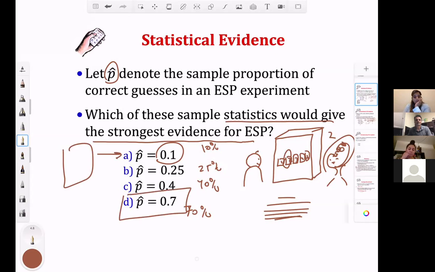Yeah, D, 70%, correct? I know it doesn't exist, but if no cheating is going on and the person gets 70% correct, that means ESP exists for this particular person.